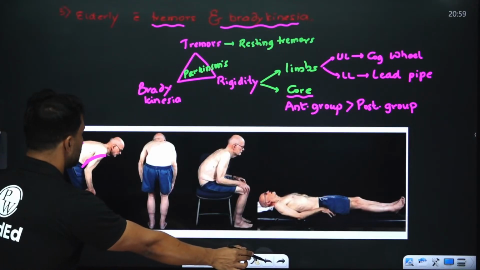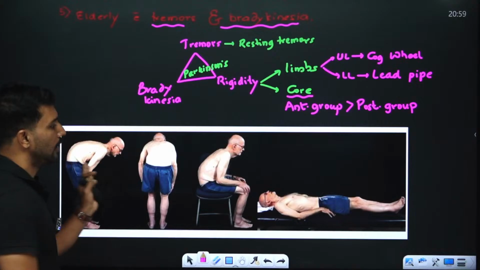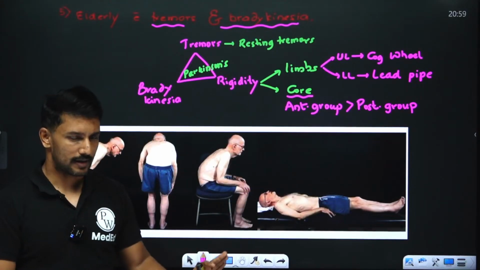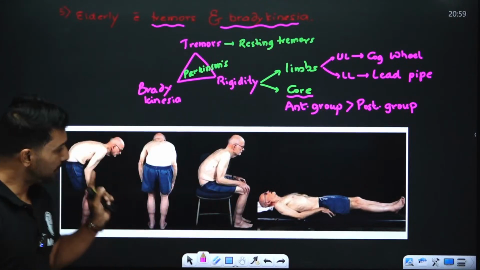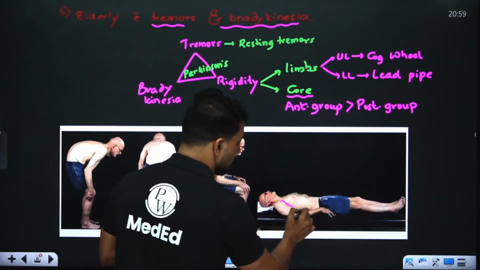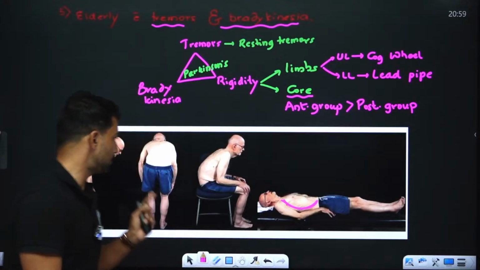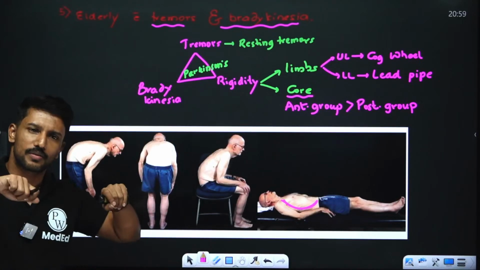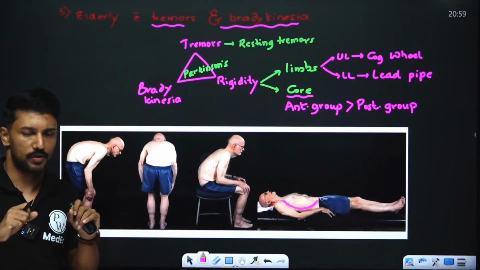All I have to do is ask this patient to lie down on a bed. When he lies down flat on the bed, if there is true spinal deformity, he will still maintain that curvature. This curvature will not disappear, even when you lie down, because the vertebral bones are deformed.